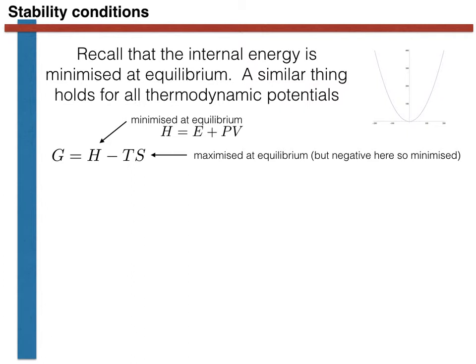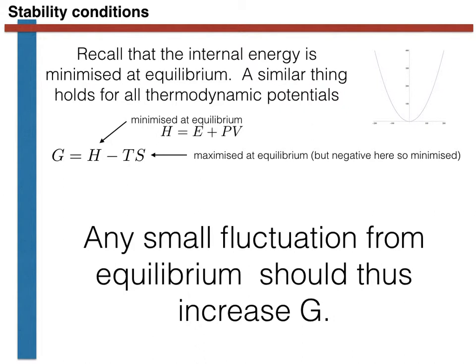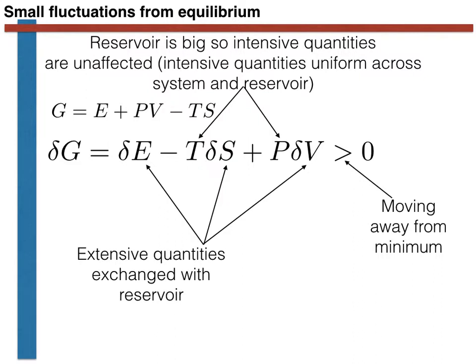With this realization that the Gibbs free energy is minimized at equilibrium, we can come to a second realization. Any small fluctuation away from equilibrium will tend to increase G. Given this realization, we can write the following inequality.